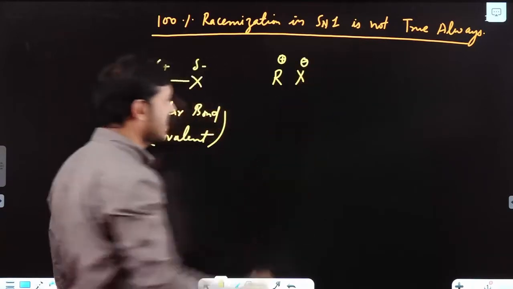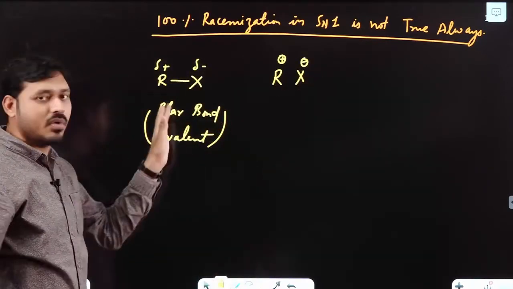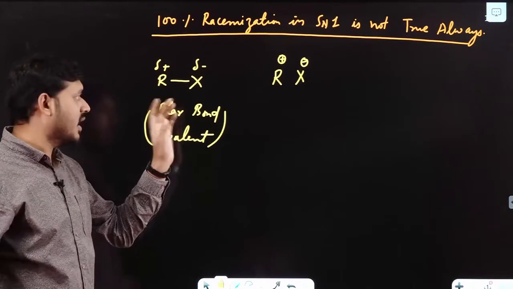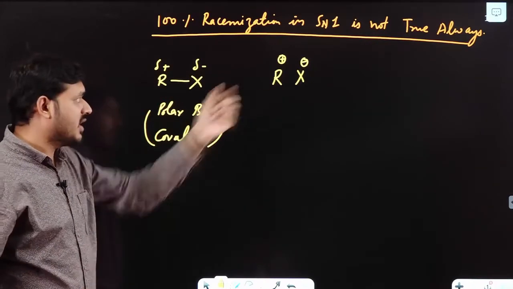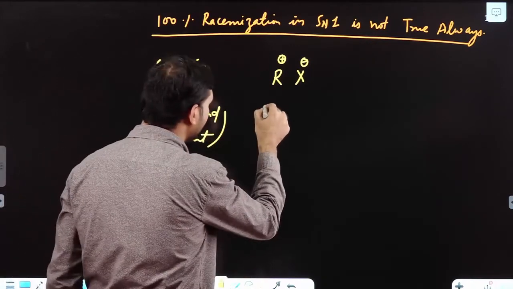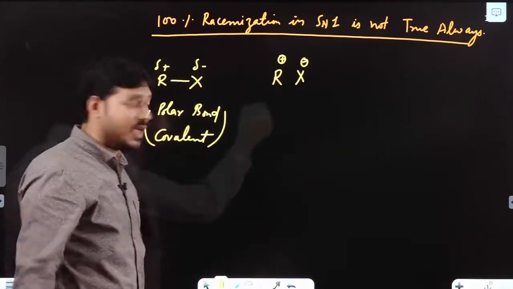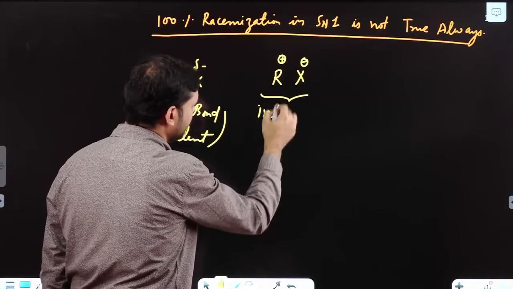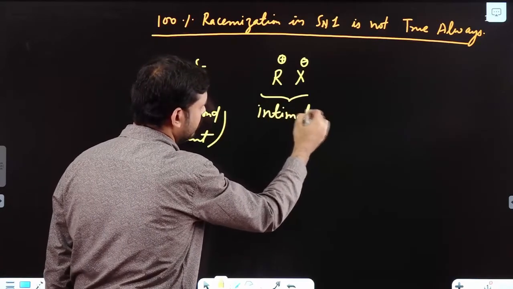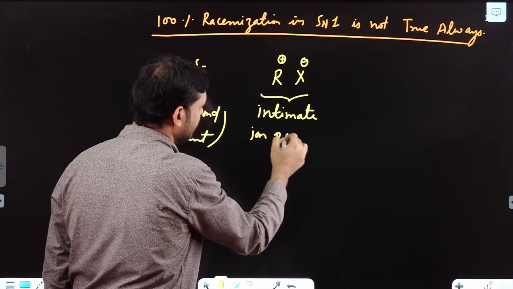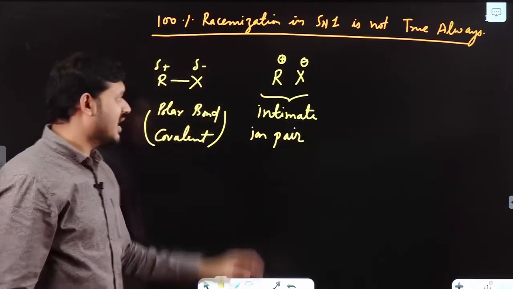R plus X minus, initially this bond will be broken. Okay, in an SN1 reaction carbocation is generated, so this part is R plus and X minus. This is called an intimate ion pair.